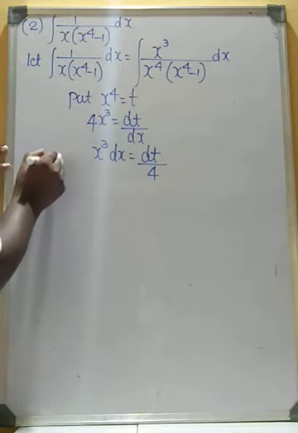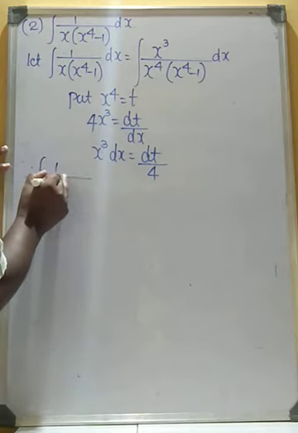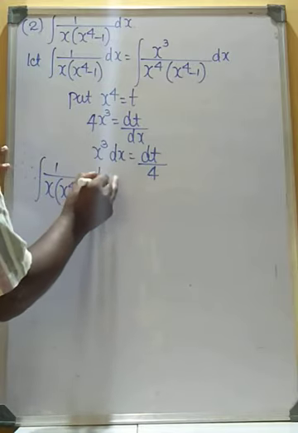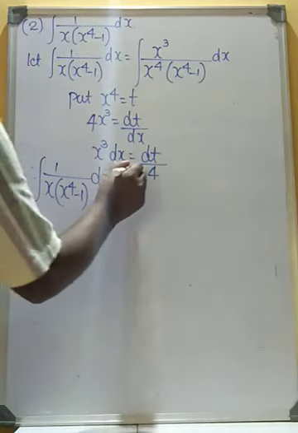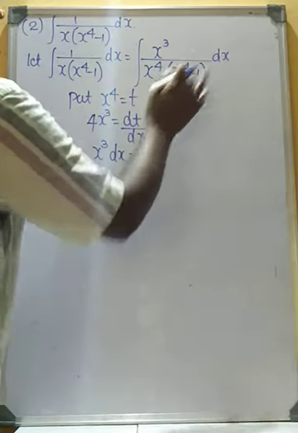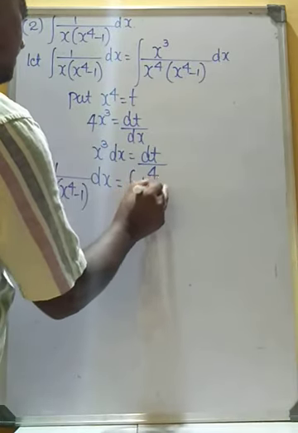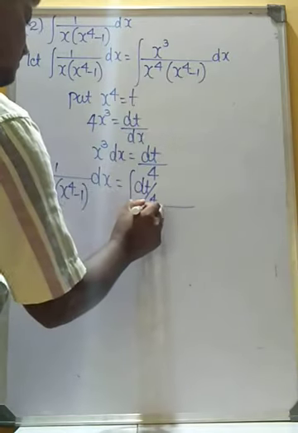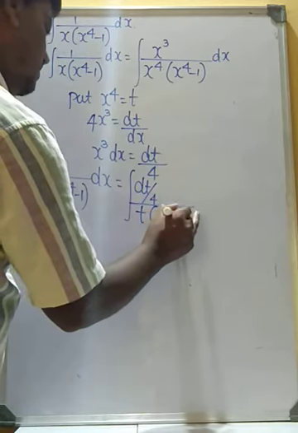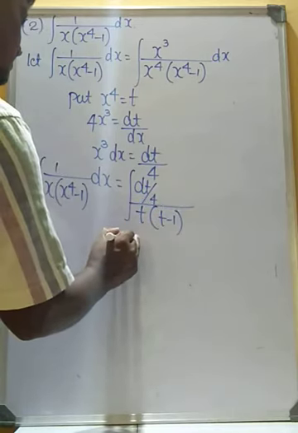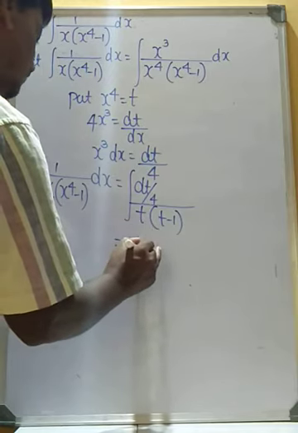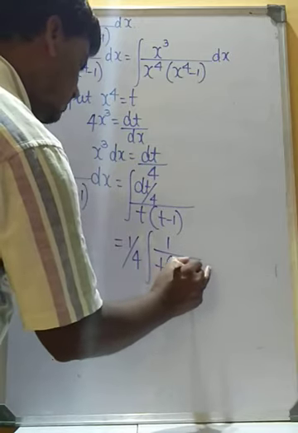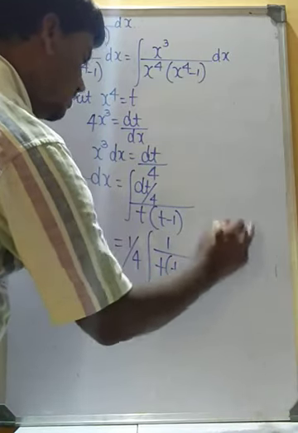Therefore the integral of 1 divided by x into x to the power of 4 minus 1 into dx equals the integral of x cube into dx, that is dt divided by 4, whole divided by x to the power of 4, that is t, into t minus 1, that is equal to 1 divided by 4 integral of 1 by t into t minus 1 into dt.